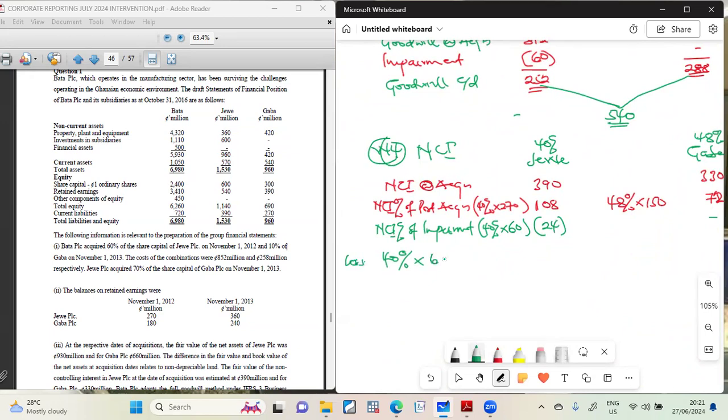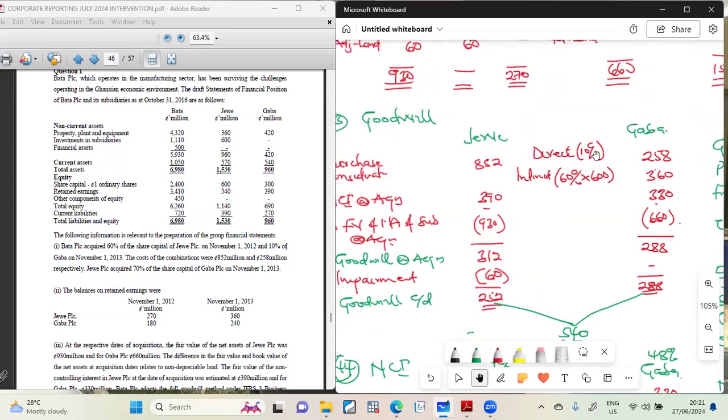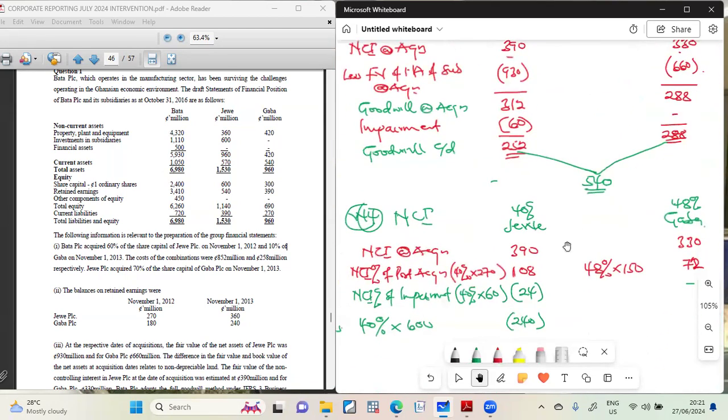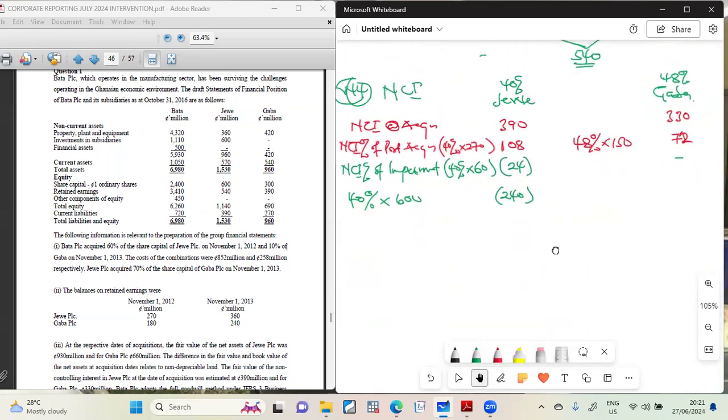Of 600, that would be 240. So this is how you do your NCI whether it is a vertical or a mixed. If it is a vertical, the only difference is that there will be no direct purchase, but the indirect will be there. The template is the same.